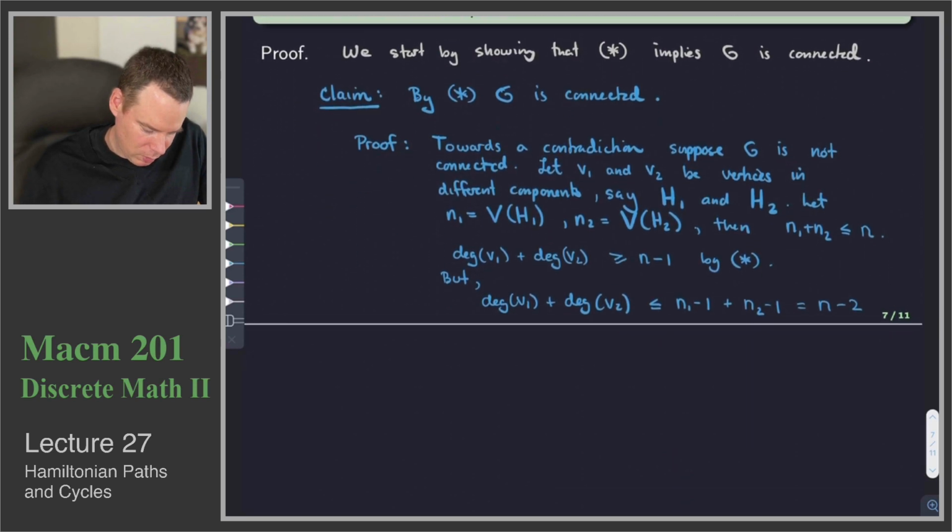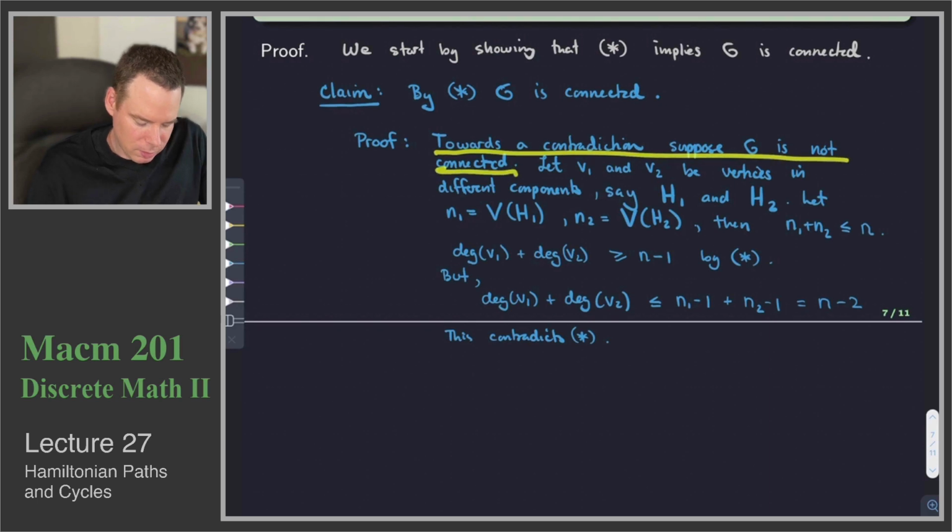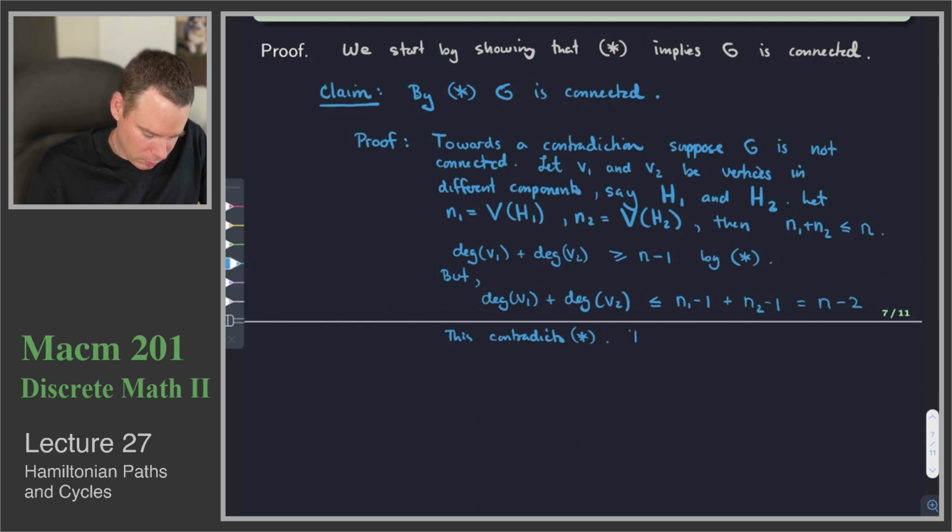So this contradicts star, and something went wrong. What went wrong? Well, it was our assumption: towards a contradiction, suppose G is not connected. If it's not connected, we get something impossible. So therefore, G is connected.